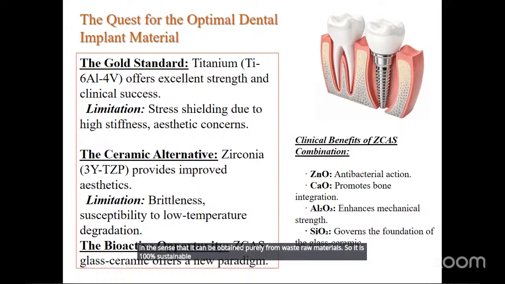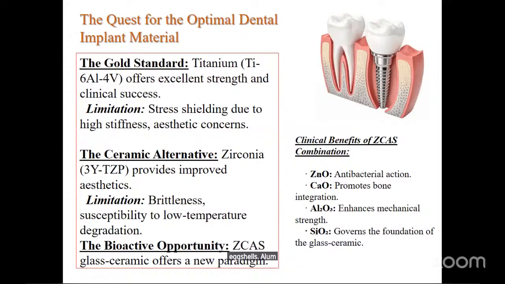If we take zinc, for instance, we can use waste materials like used batteries, or even roof zinc, to extract zinc oxide. Then we can extract calcium oxide from waste bones or waste eggshells.